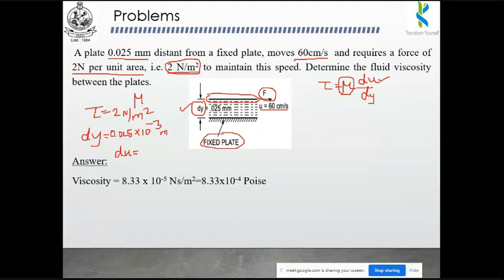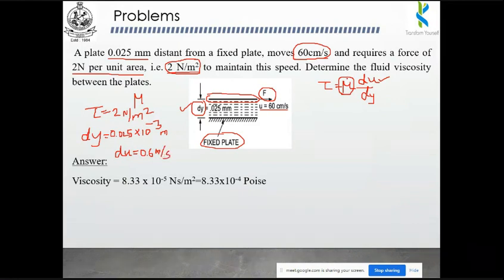Here we have the final velocity, 60 centimeter per second. You have to convert this 60 centimeter per second into meter per second. So the value will be 0.6 meter per second. So the du is 0.6 meter per second.